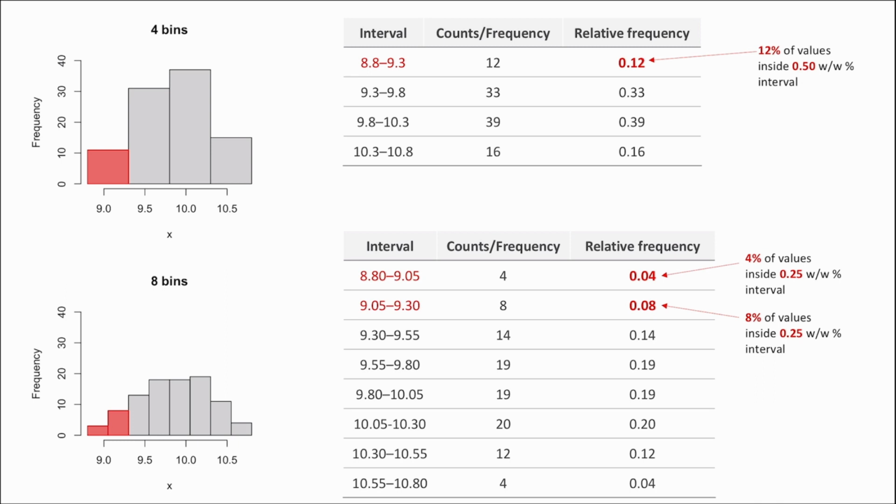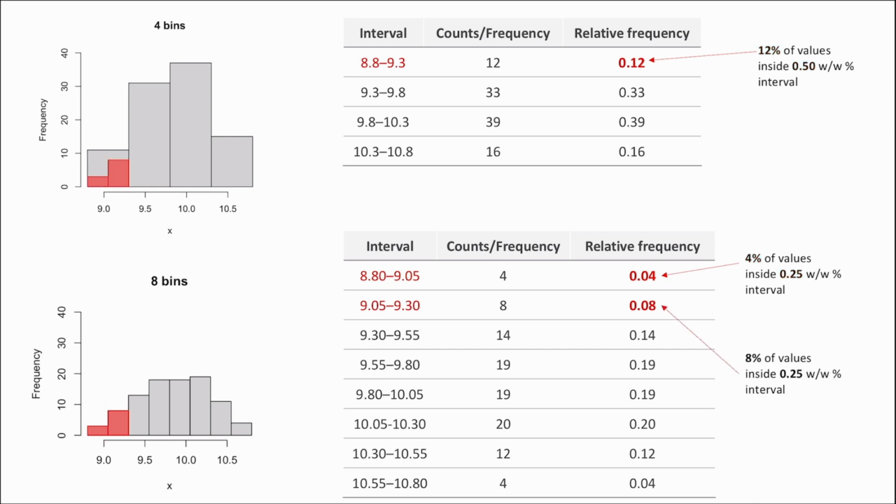You can also see it visually here. If I overlap these two plots, you can clearly see that every bin is smaller. What can we do, how can we solve this problem? Well, we can compute the percentage of values per unit.